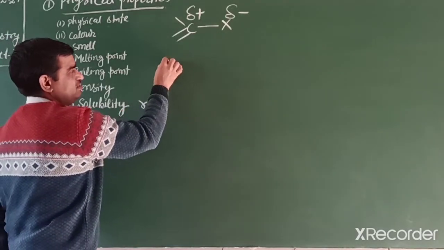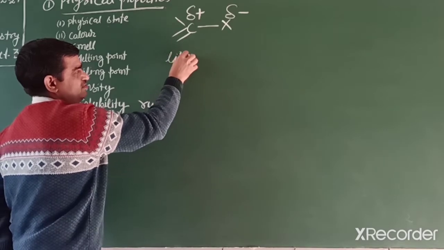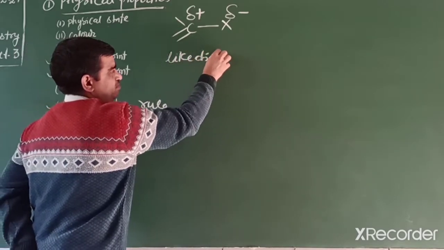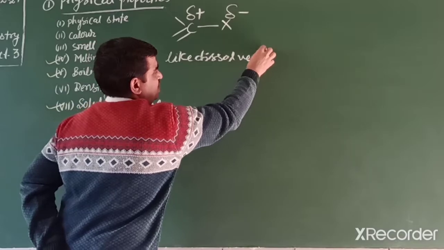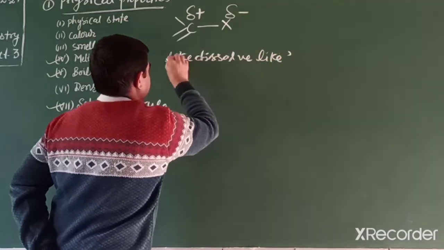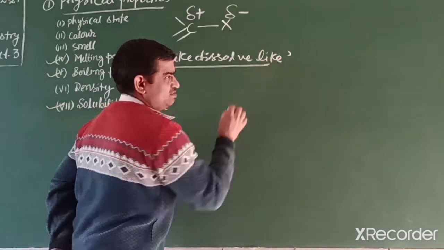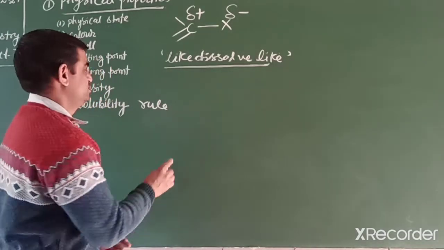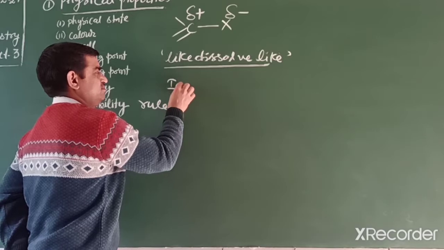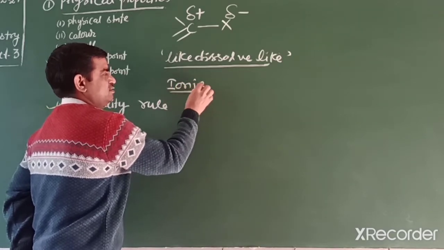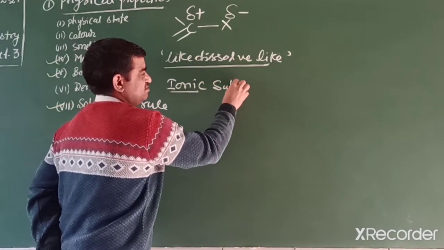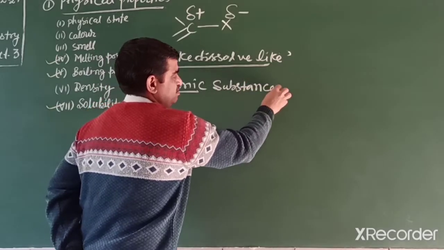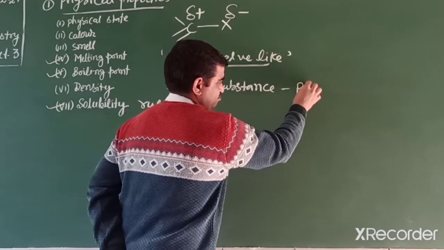Like dissolves like. What do we mean by like dissolves like? It means an ionic substance is soluble in a polar solvent.